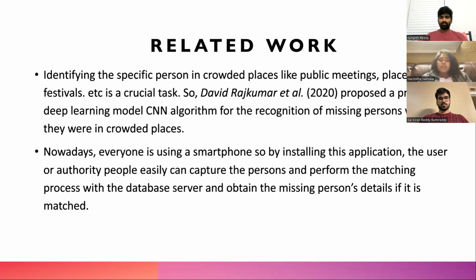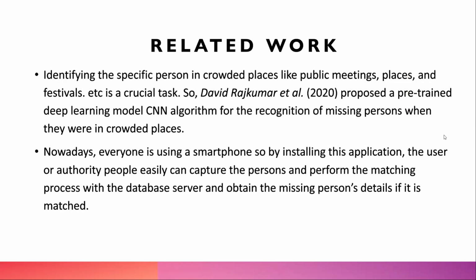Coming to the related works, we have presented a few of the most relatable and most recent related works here in the presentation. Mr. David Rajkumar, in his paper in 2020, proposed a deep learning CNN algorithm for recognition of missing persons in crowded places. This was very effective for our model because it guided us with the facial recognition process, but using another algorithm.